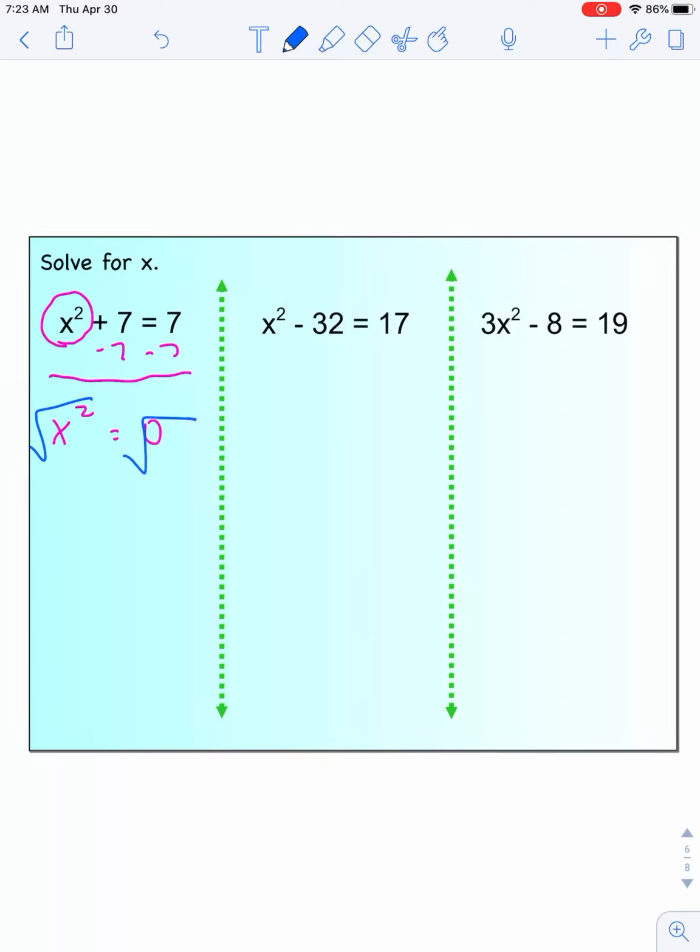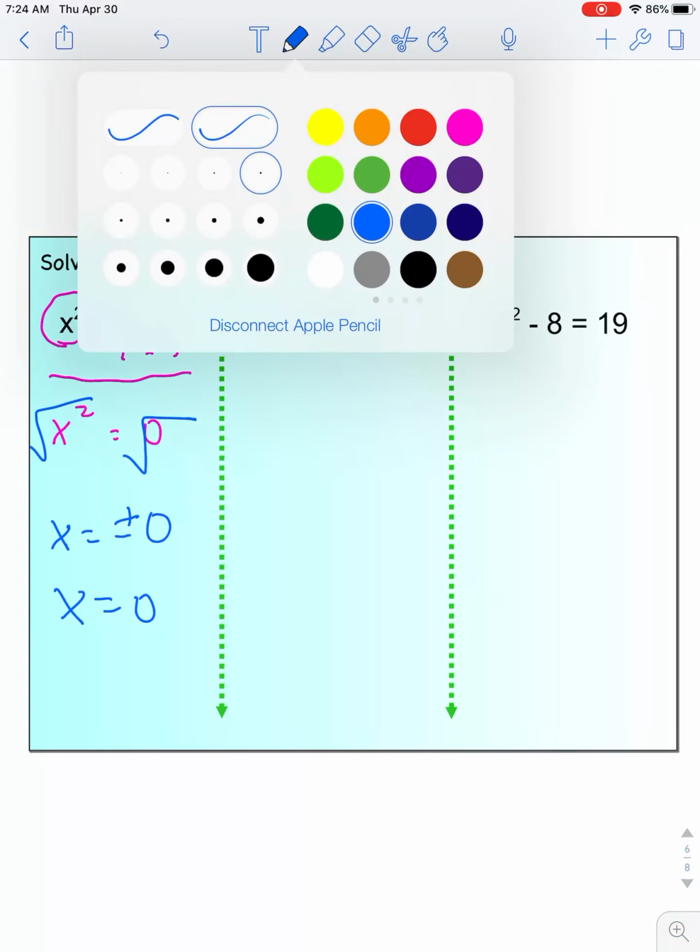And when we take the square root of 0, we just get 0. Every time you physically draw the square root symbol on your paper to undo that square, you need to make sure you include the plus or minus. But 0 doesn't really have a plus or minus, and that's when we get just one specific solution.